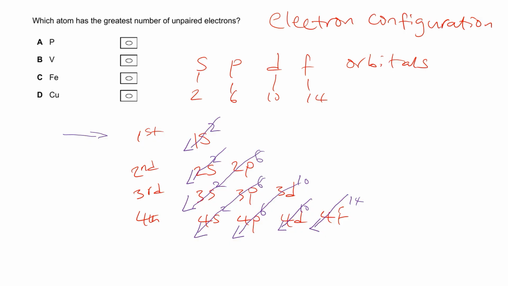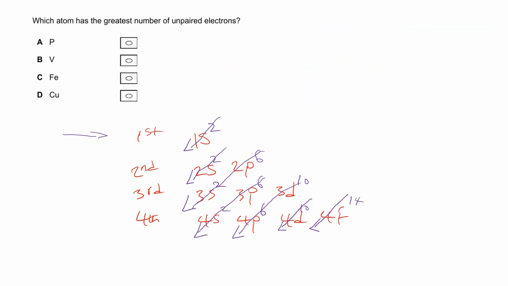The first one is phosphorus. Let us write the configuration of phosphorus. Phosphorus has atomic number 15.